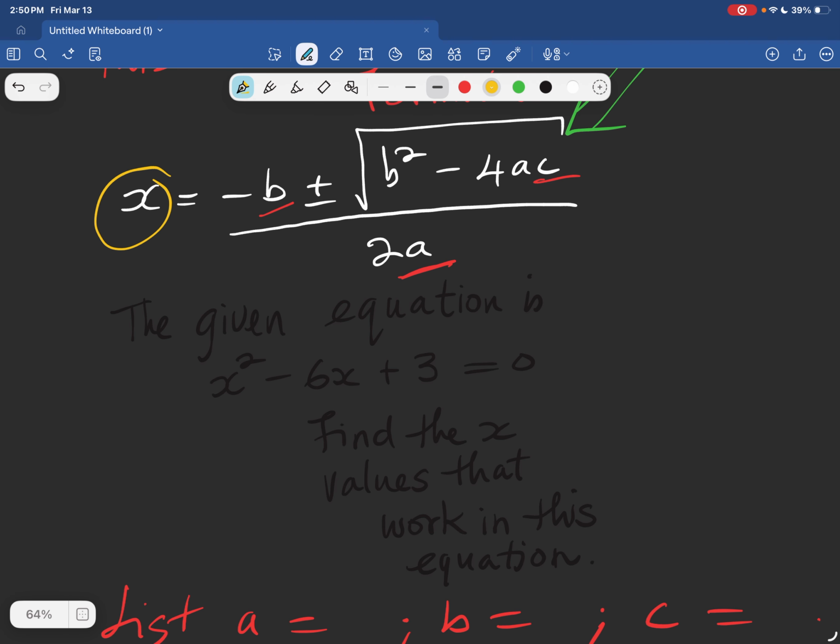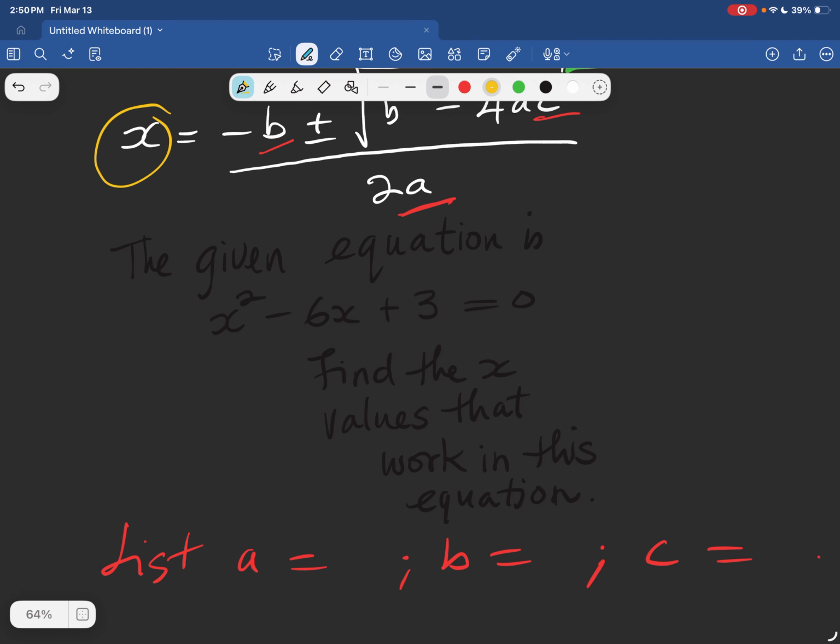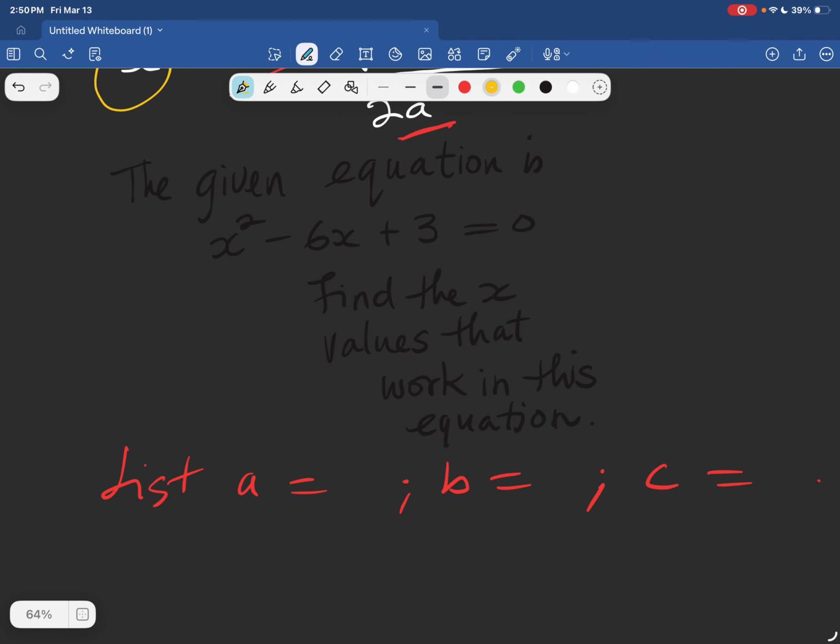So let's go ahead and find a. A is the coefficient of the square term, okay? And in this case, this is a square term, and the number before x squared is an invisible 1. Therefore, a is 1. The number before the linear term, this is the linear term.